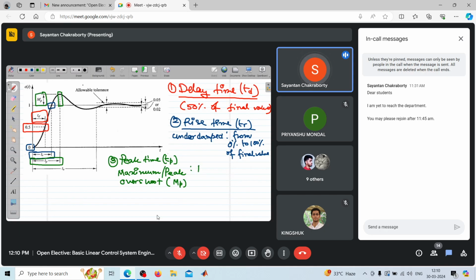And this MP is defined as percentage overshoot: the value of C at TP minus C infinity, divided by C infinity, times 100%. So this is percentage overshoot. I should not say MP, say percentage overshoot. It's better to write it as percentage overshoot.